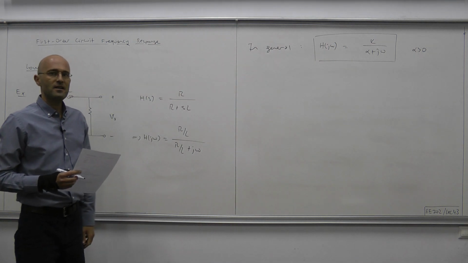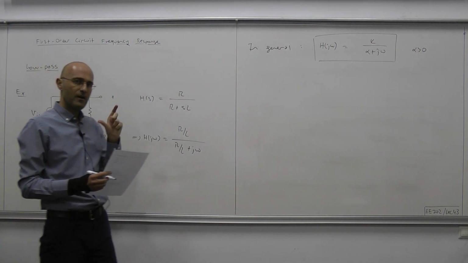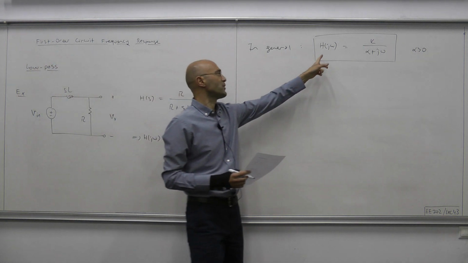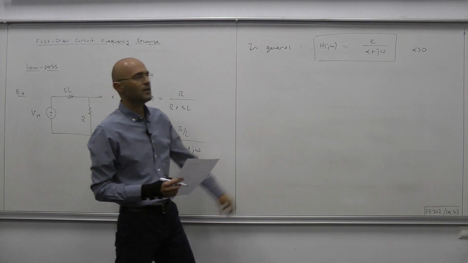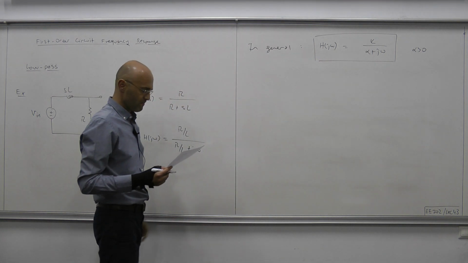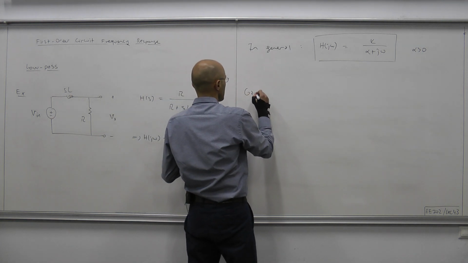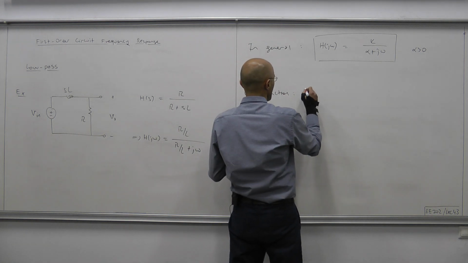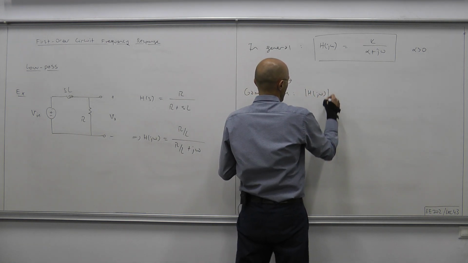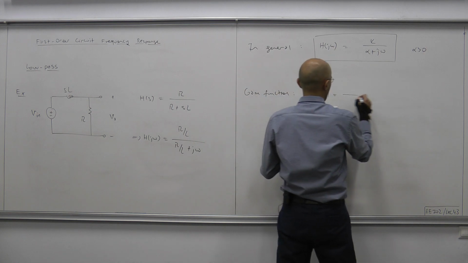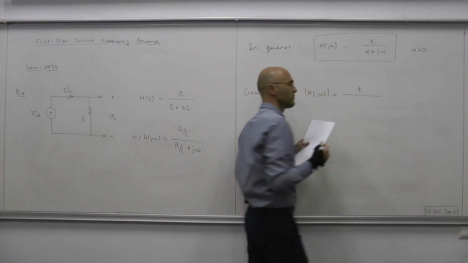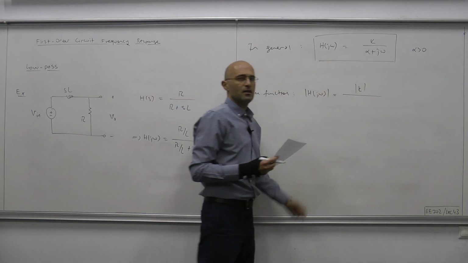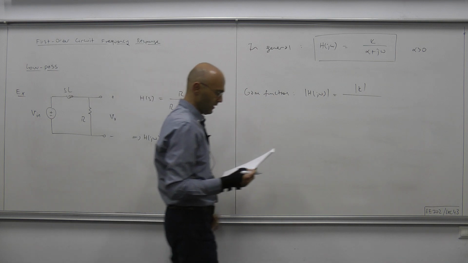For this H of J omega, let's obtain the two functions that are essential for the frequency response, namely the gain function, the magnitude of H omega, and the phase function, the phase of H omega. Now the gain function reads as follows. K could be positive or negative, so when you talk about the gain, you take its absolute value.